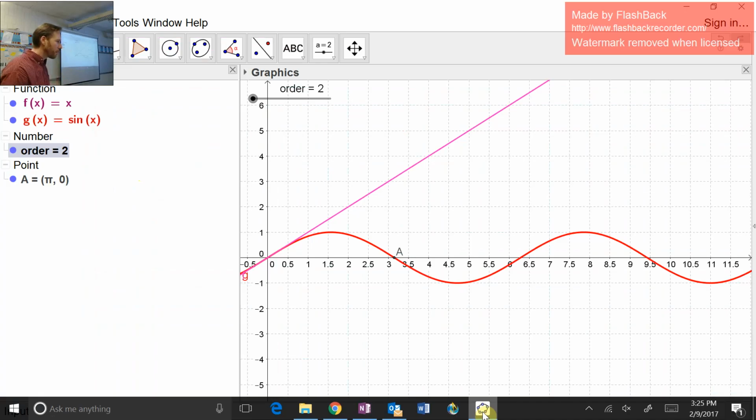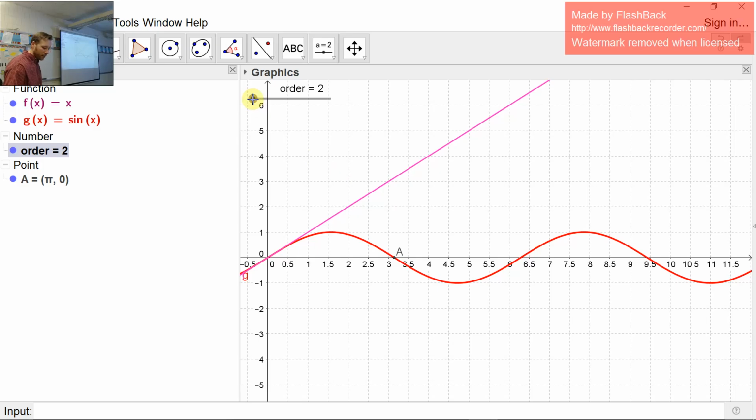So watch this with me. I think it's pretty cool when you see it. So let me go back here. Here's order 0. Our Taylor polynomial of order 0 is the line y equals 0. How good is that to estimate the sine function? If you wanted to estimate the sine function using that polynomial, good idea or bad idea?